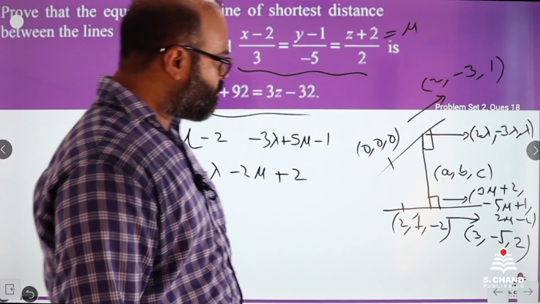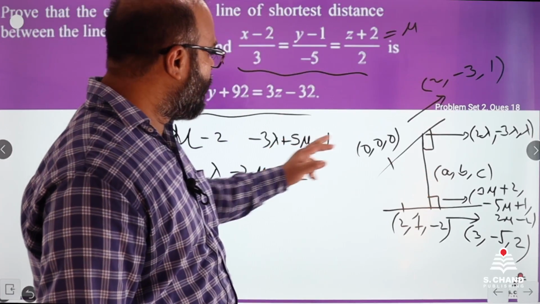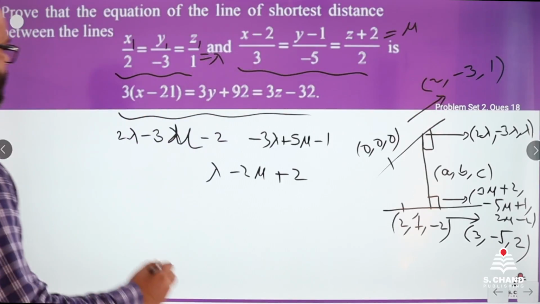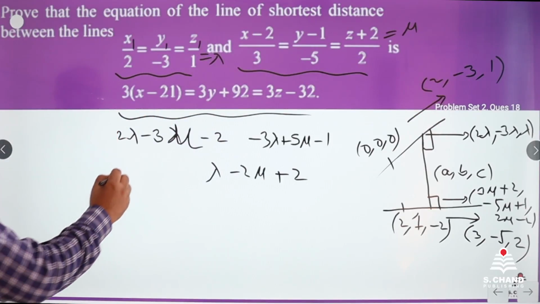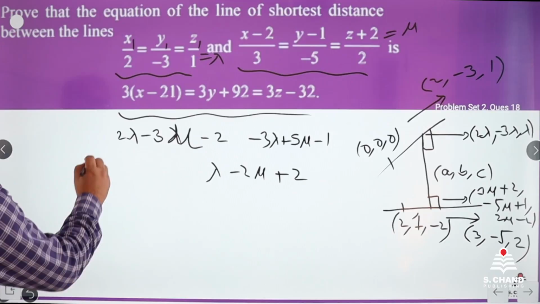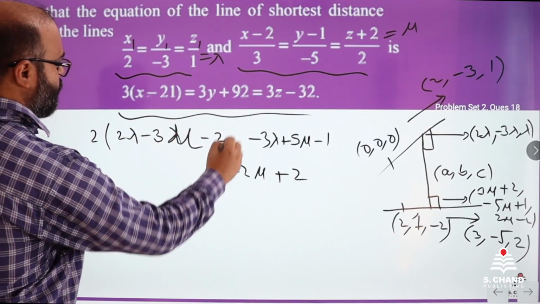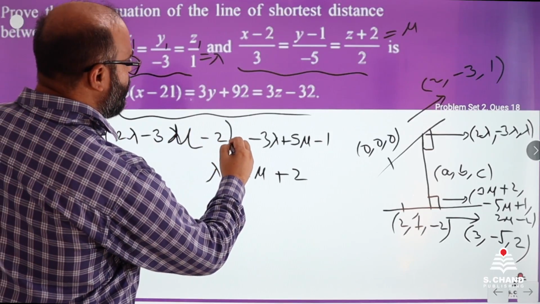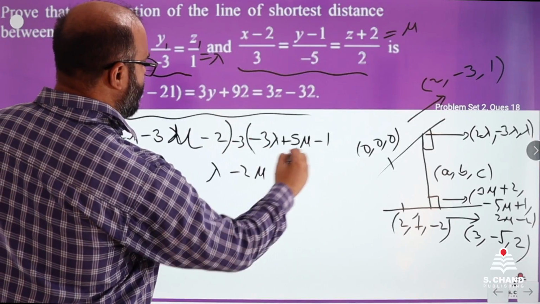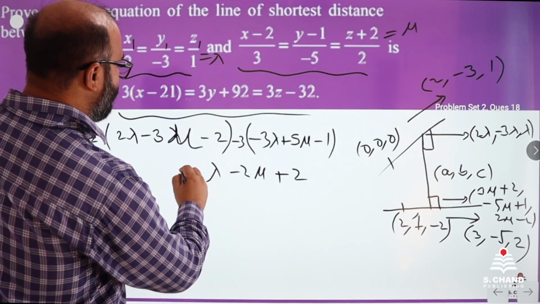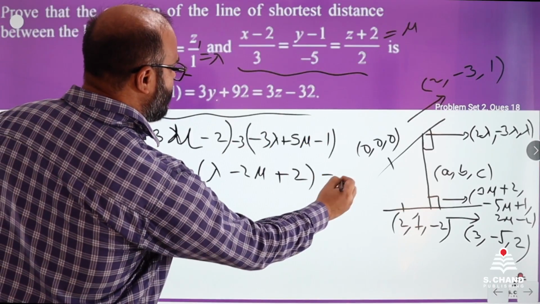Now, the dot product with minus 3, 1 is 0 because the angle between them is 90 degrees. So we take 2 into this one, minus 3 into this one, plus 1 into this one, and 0.